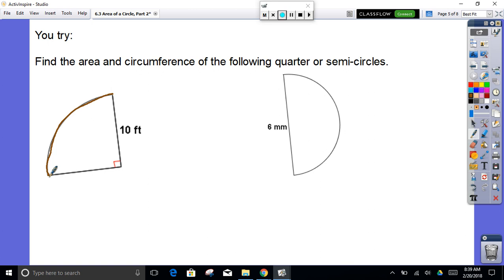Okay, so let's start with this arc length. How would you find the arc length? Arc length, we have to find the circumference. So what is the whole circumference? If that were a whole circle, did anyone find what the whole circumference would be? No, the whole circumference, not the whole area.